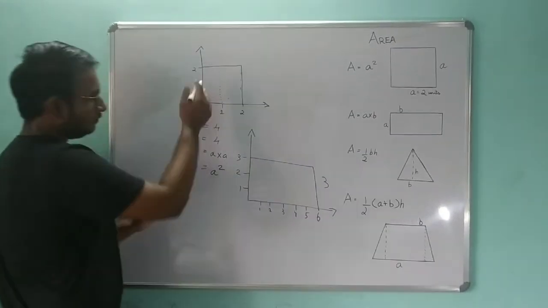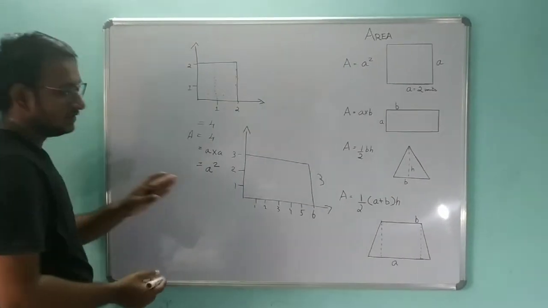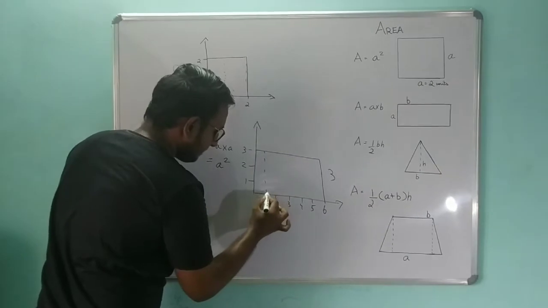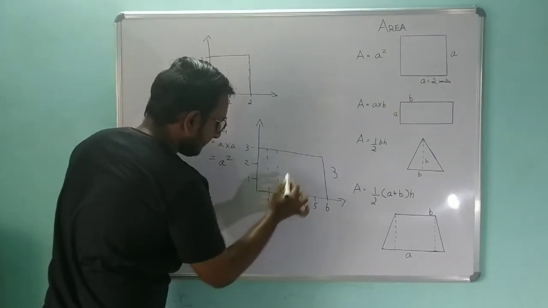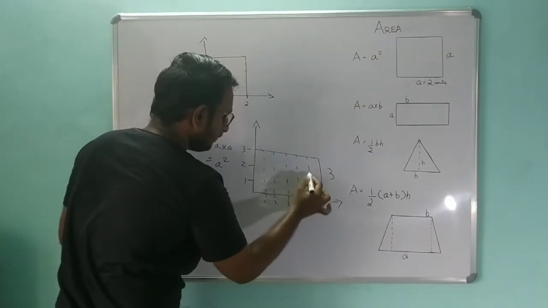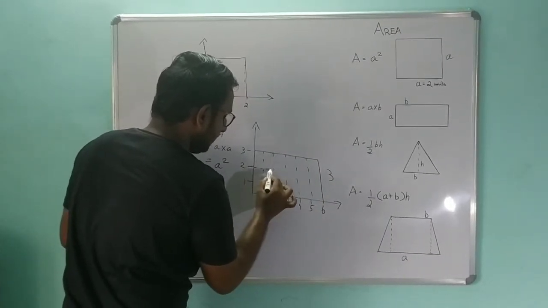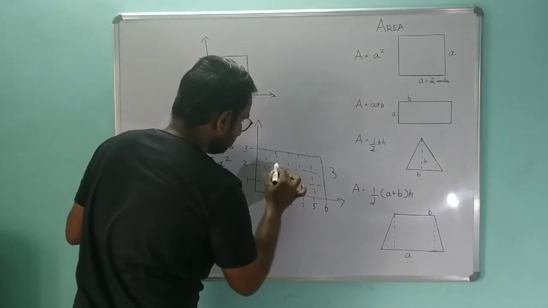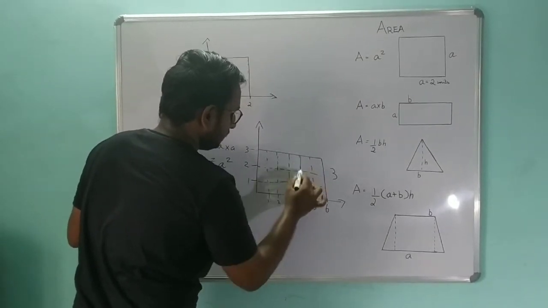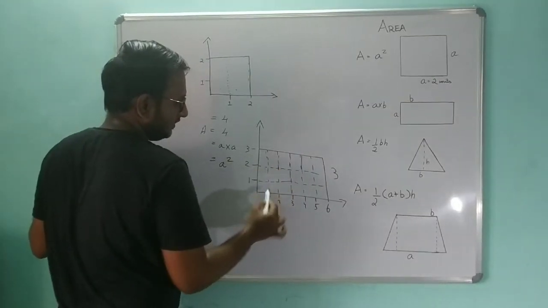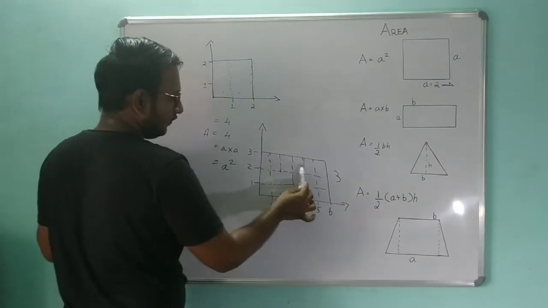Apply the same logic over here. If we draw like this and count the units inside this rectangle, we can see 1, 2, 3, 4, 5, 6.